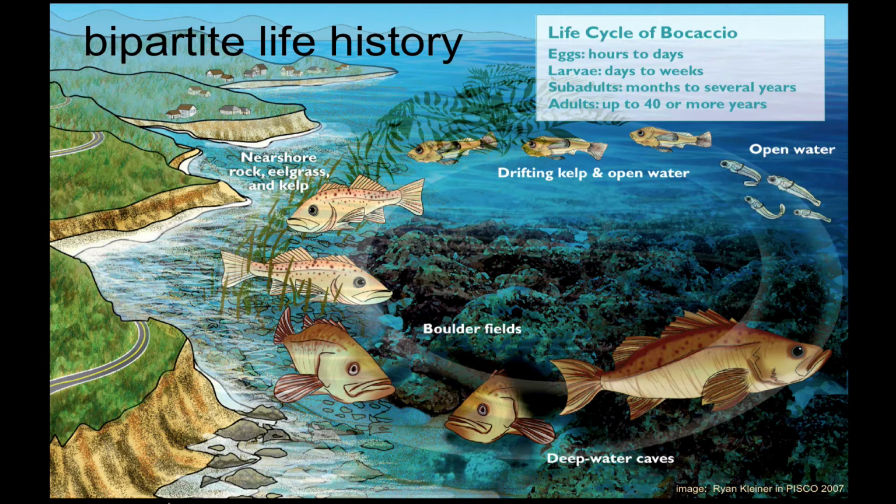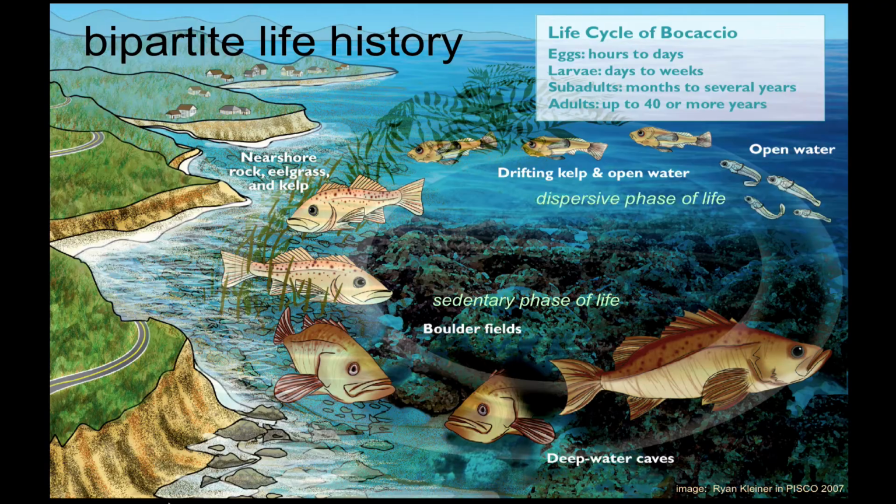That's going to be a pretty good indicator of how many babies will be in that valley several months later. If we go out and count the number of pregnant fish on Reef X, that may be strongly related to how many babies we see in a few months on that reef. More typically, it's pretty unrelated, or oftentimes unrelated, to how many babies we see. So that bipartite life history is really key.